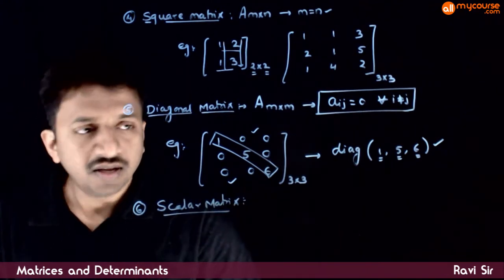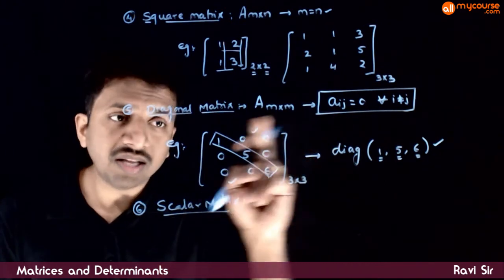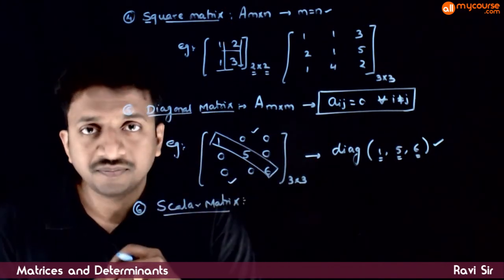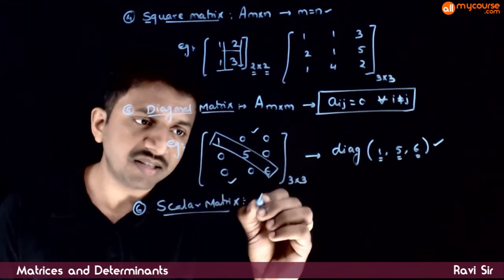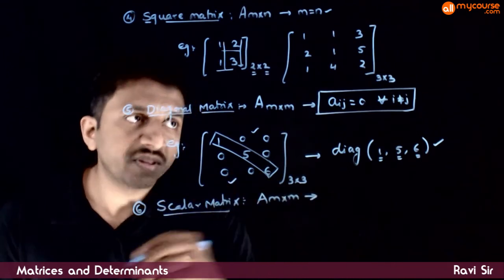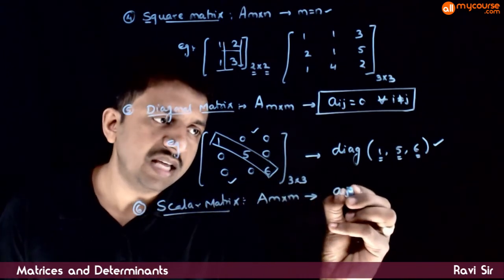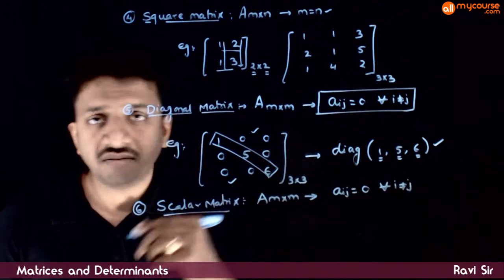Scalar matrix. A scalar matrix is a diagonal matrix where all the diagonal elements are equal. That is, a scalar matrix has to be a diagonal matrix. That is, if A m by m is a square matrix, then Aij has to be equal to 0 for all i not equal to j.